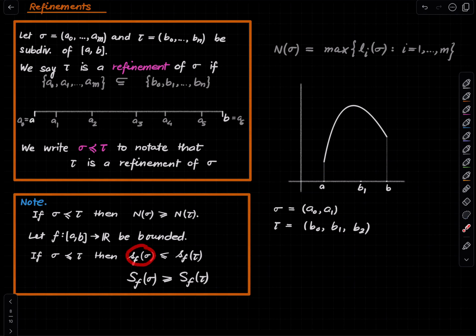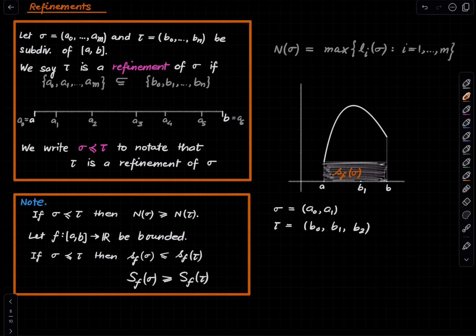This is the infimum of the function over the only part that the partition has, and that multiplied by the length of the part. So that is this value times this length. All right, so maybe I'll shade it. This shaded part is the lower sum with respect to sigma.